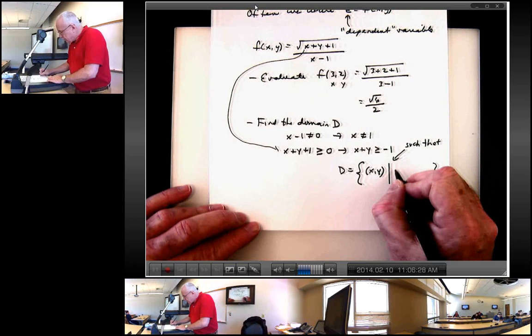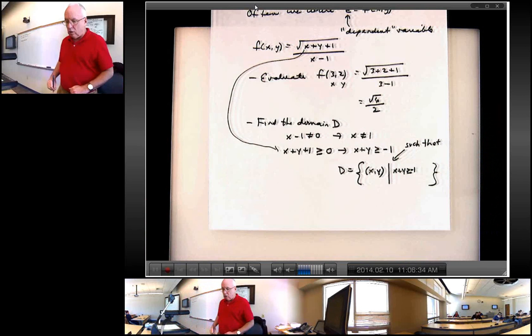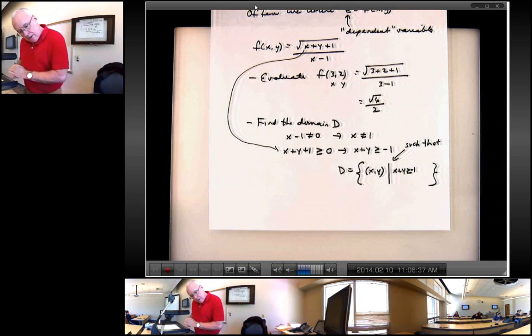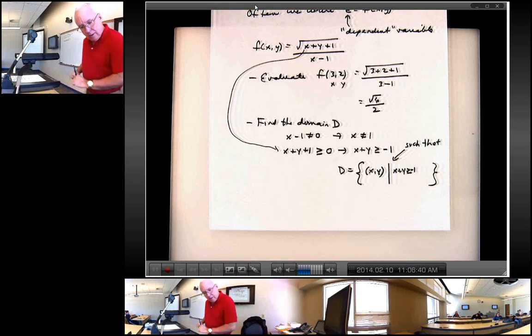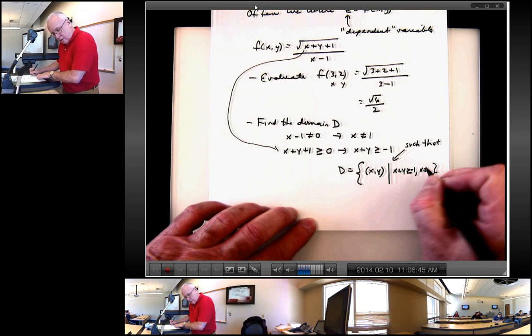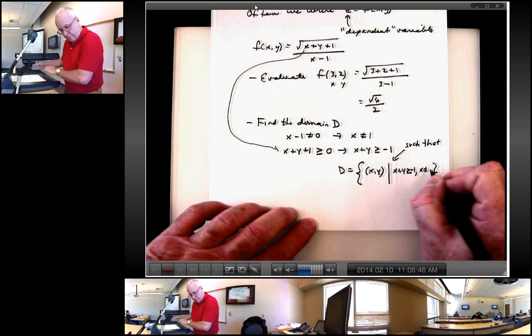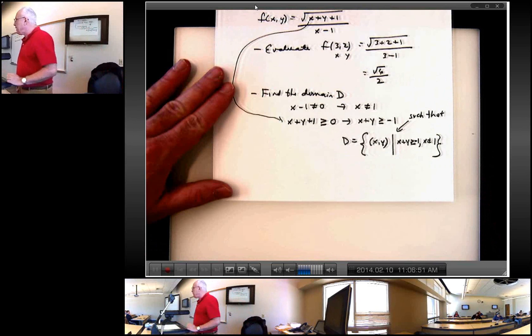First of all, x plus y has to be greater than or equal to -1. And finally, comma, x cannot equal the value of 1. So that would be an answer for the domain.